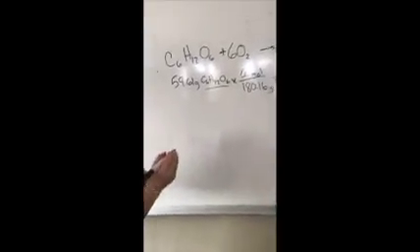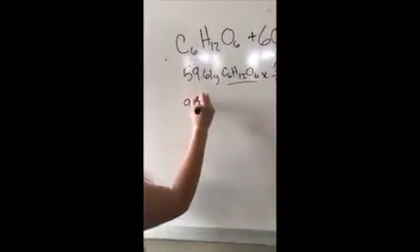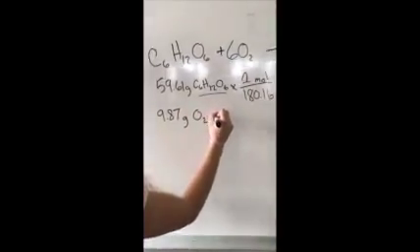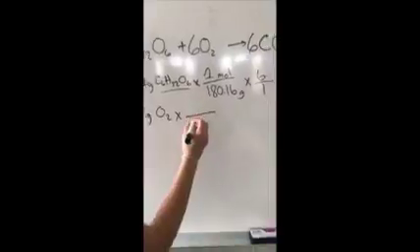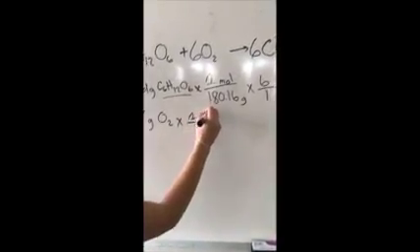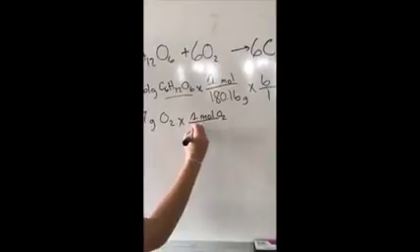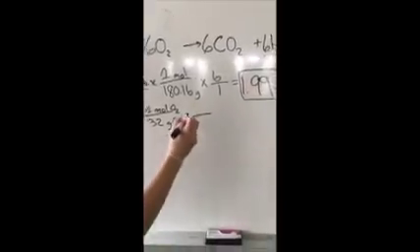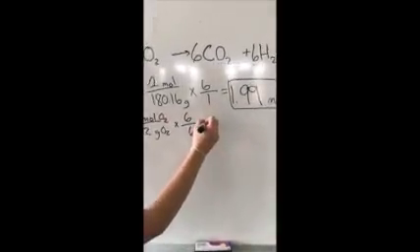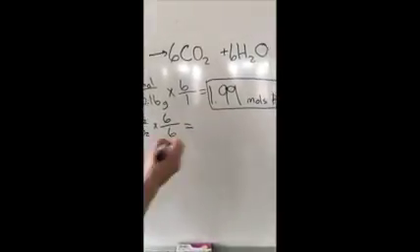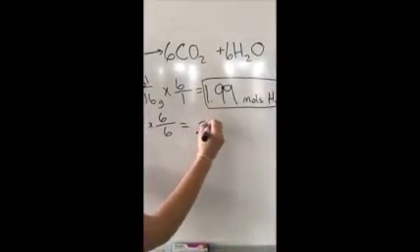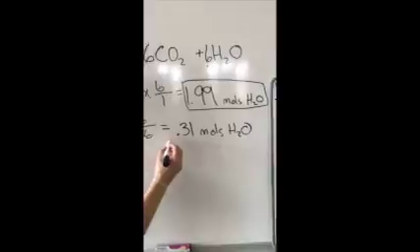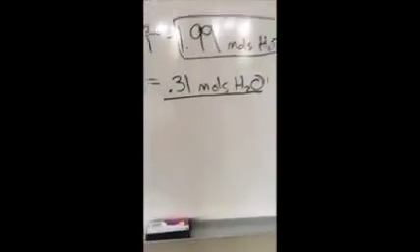Next up, to finding the limiting reagent, we take 9.87 grams of O2 times 1 mole of O2 per 32 grams O2 times our molar ratio, which is 6 to 6, which is 0.31 moles of H2O, which means that this would be our limiting reagent because it's a lower number.